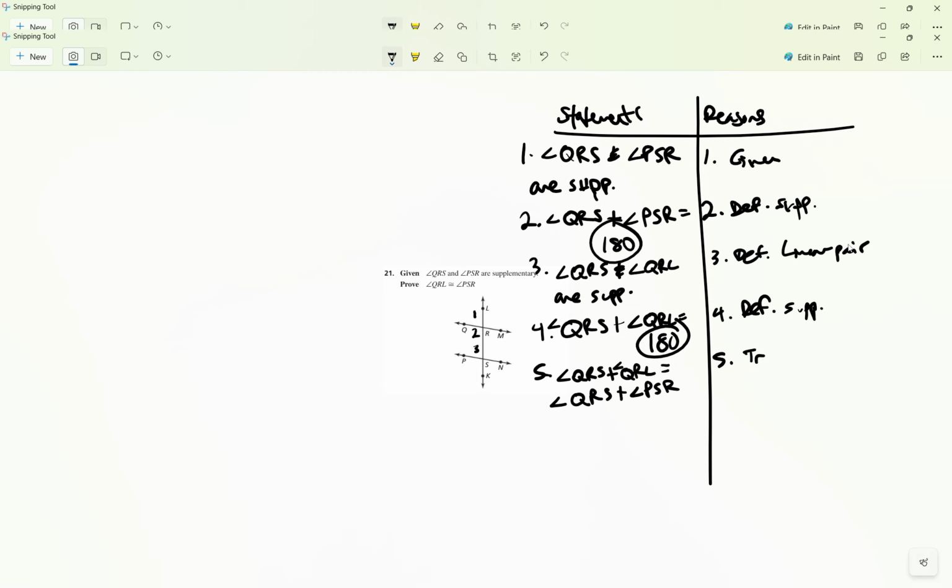And this is transitive. And then, of course, we'd have angle QRL is congruent to angle PSR through subtraction.